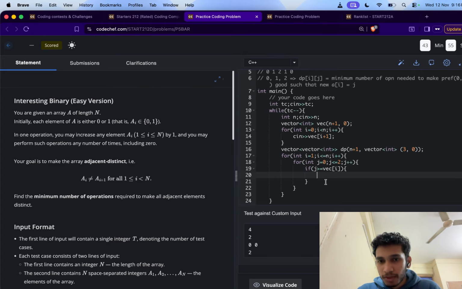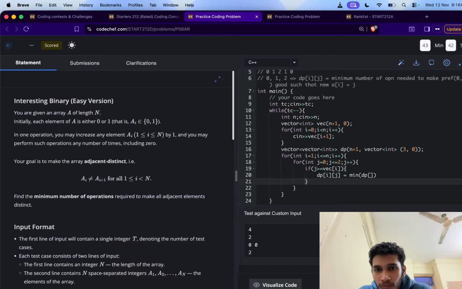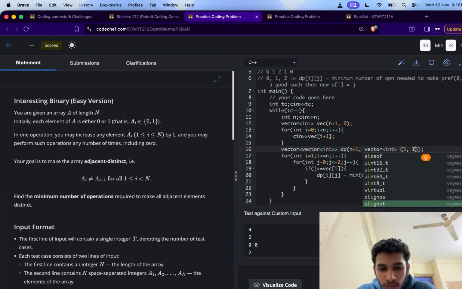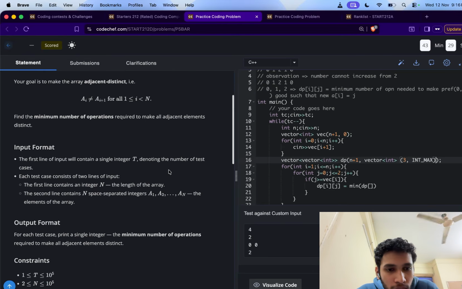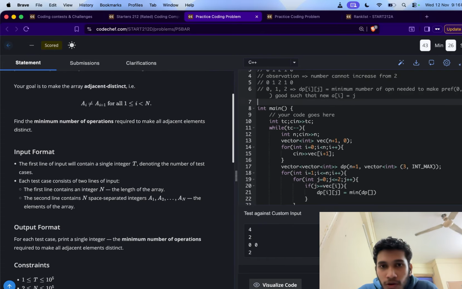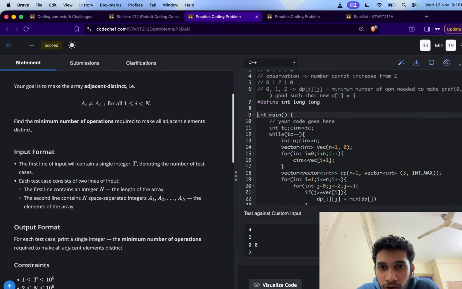So the new value should always be greater than or equal to it. It's good to define long long in this scenario.